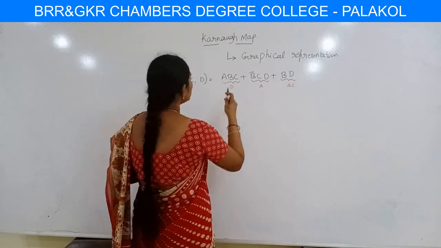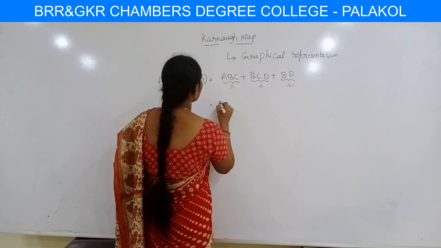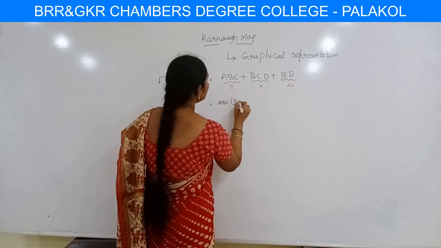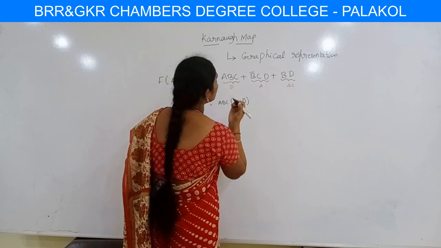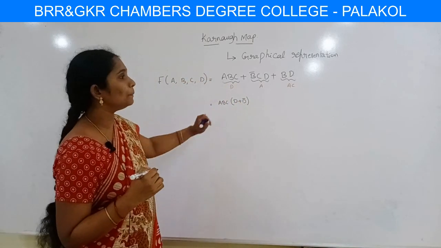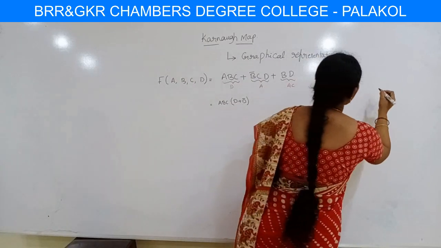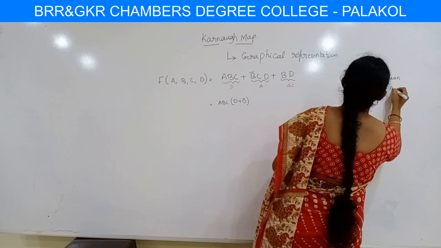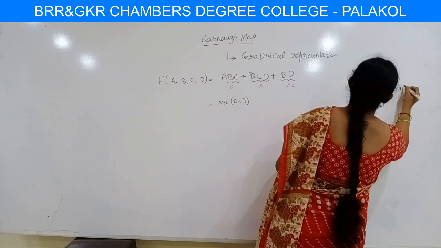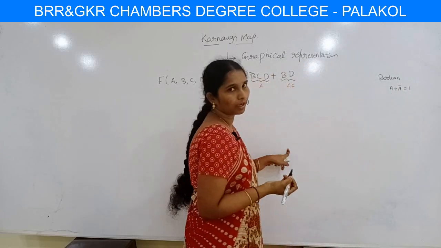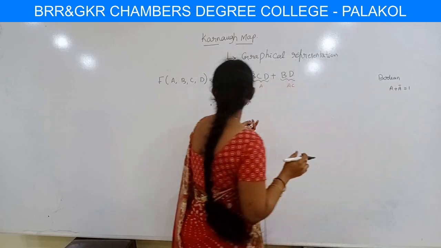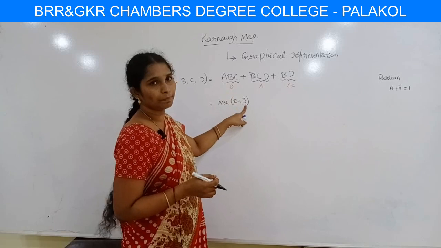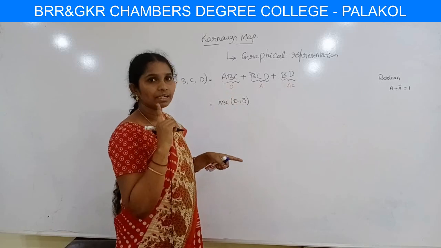Here for the missing letter, I write ABC into D plus D bar. Why do I write D plus D bar? From the Boolean laws, A plus A bar is equal to 1. By using this law, in the place of the missing letter I write D plus D bar, which is nothing but 1.